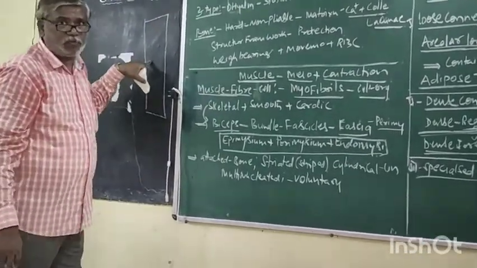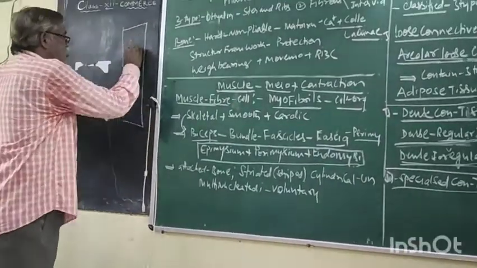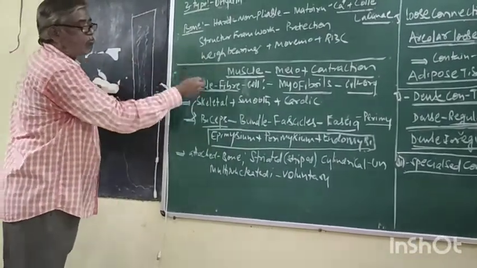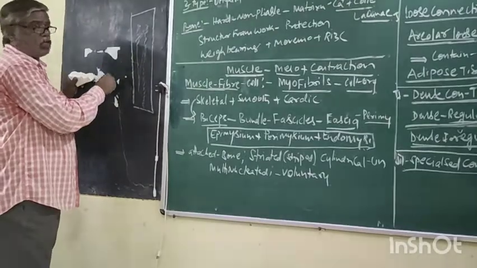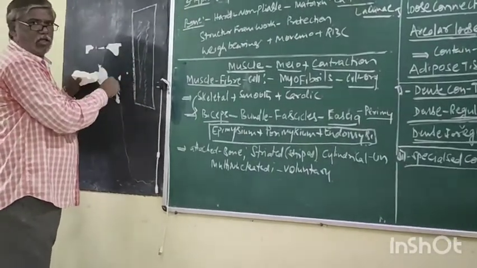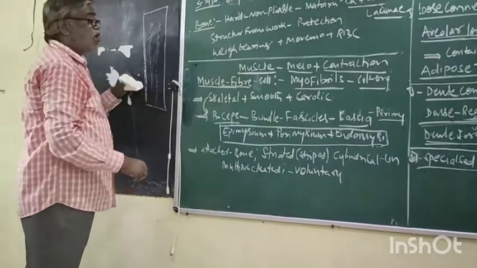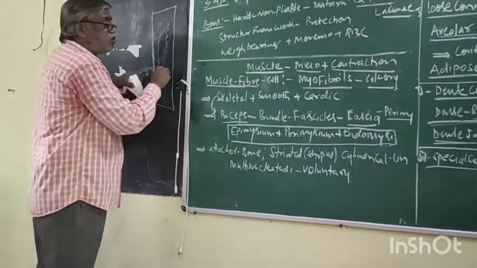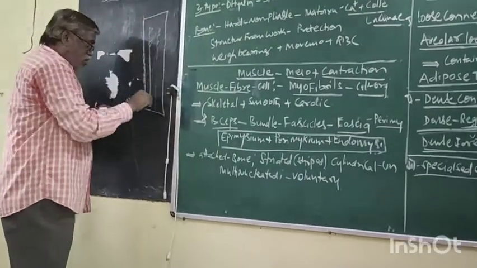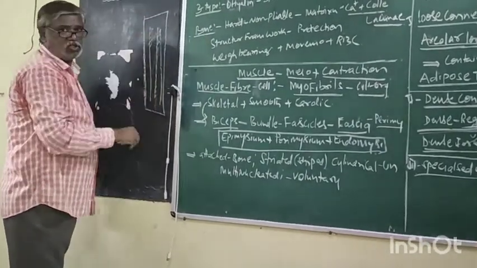The cytoplasm of the muscle cell is called sarcoplasm, and the plasma membrane is called sarcolemma. These are specific terminologies. In the cytoplasm of muscle fibers, there are many long thread-like structures.